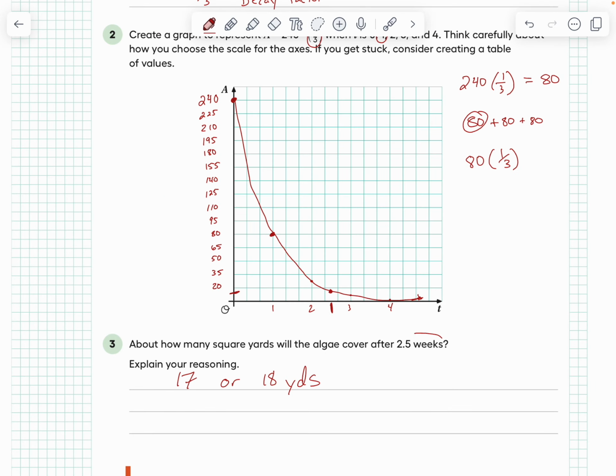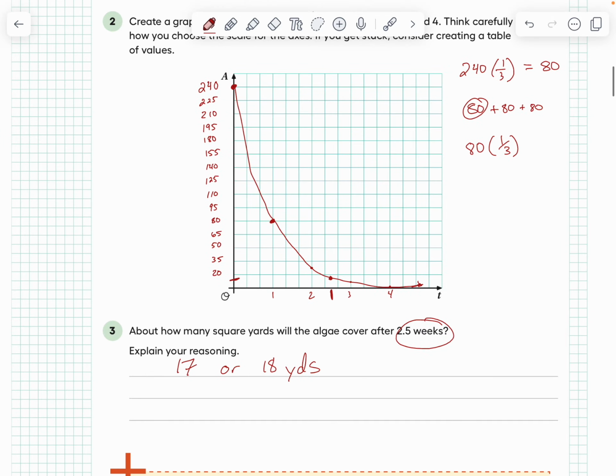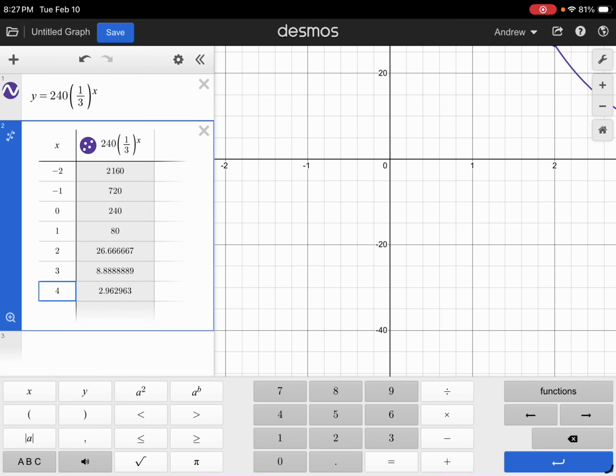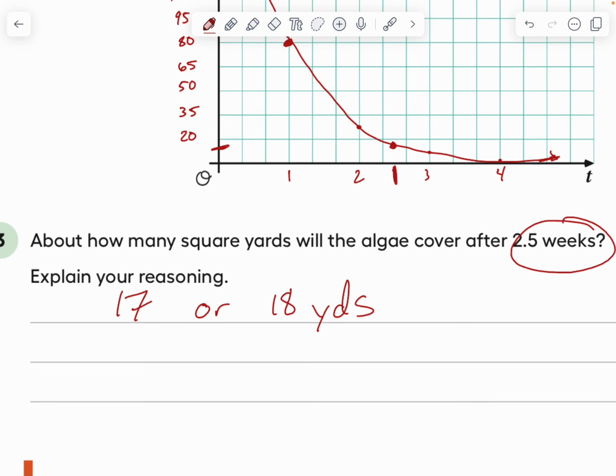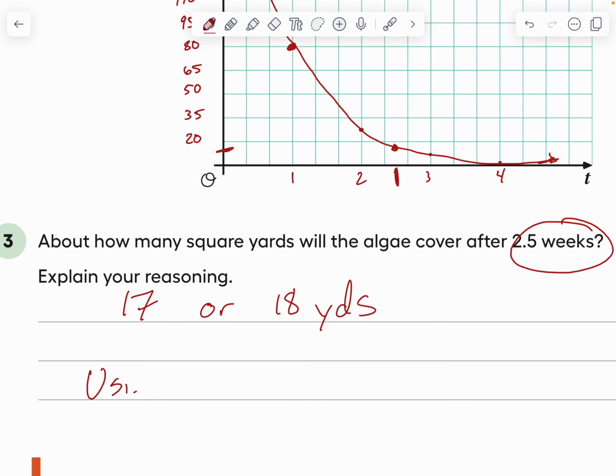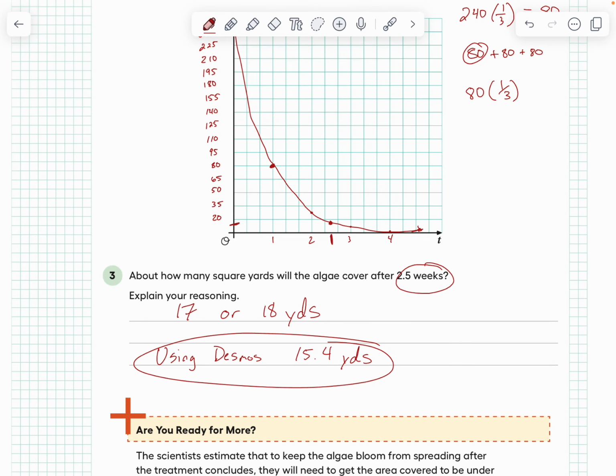But remember, since it's saying 2.5 weeks, we can go back to Desmos, plug in 2.5, and it's going to tell us how many, which is 15.4. So my guess was close, but if you want to be exact, using Desmos, it's 15.4 yards. Okay? All right.